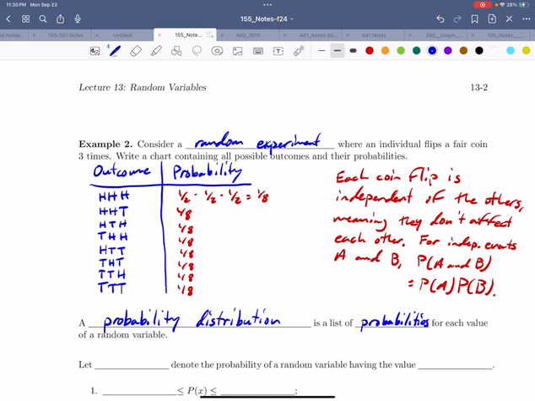If we can actually list them out, then it's discrete. You can totally talk about the probability of a continuous random variable, but you can't really list the probabilities. You just need to sort of understand what they are. You can still illustrate them and analyze them, but you can't physically list them all.